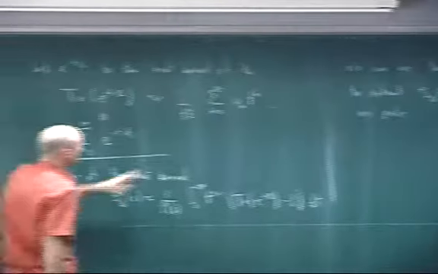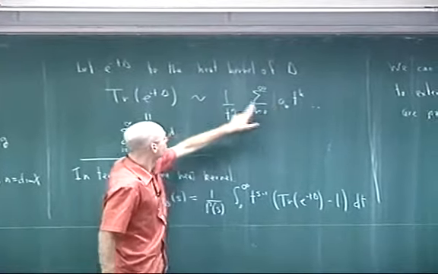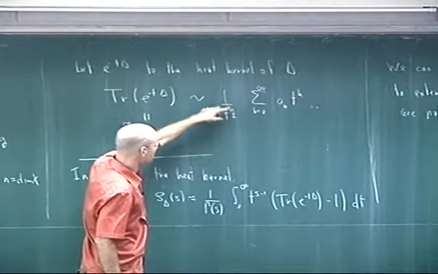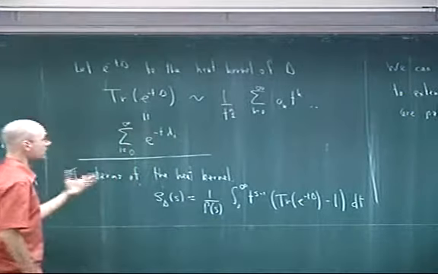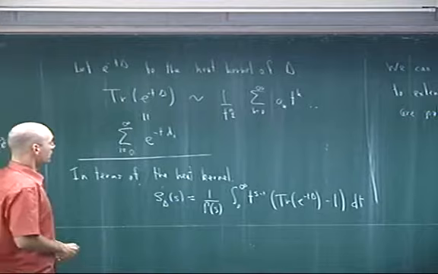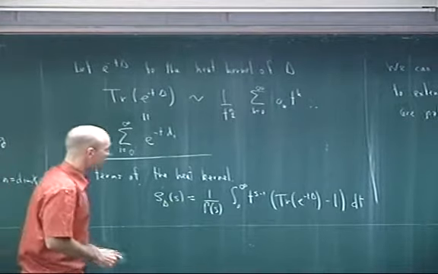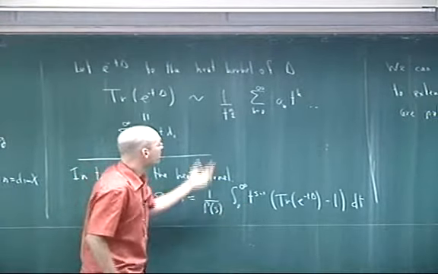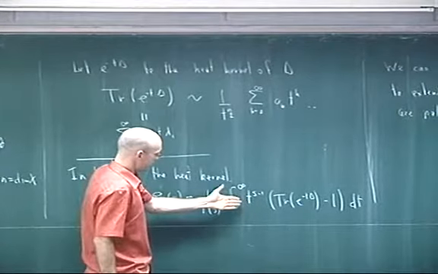So you see that the most singular term is the first one, so it goes like 1 over t to the n over 2 as t goes to 0, and that tells you when it fails to be integrable.